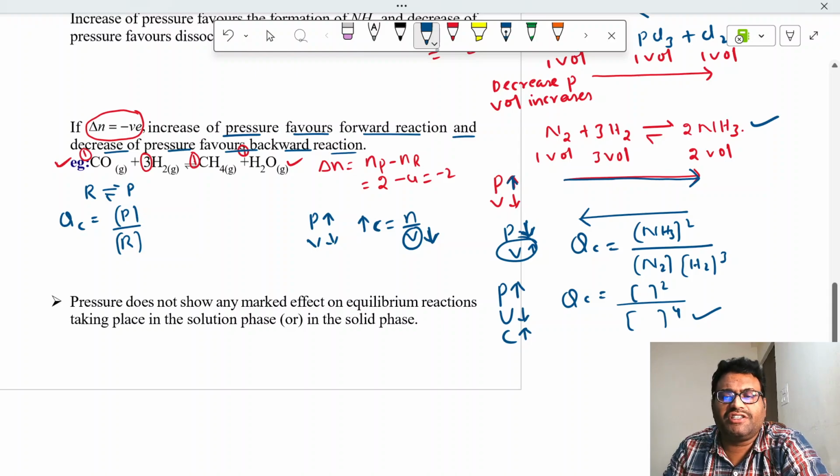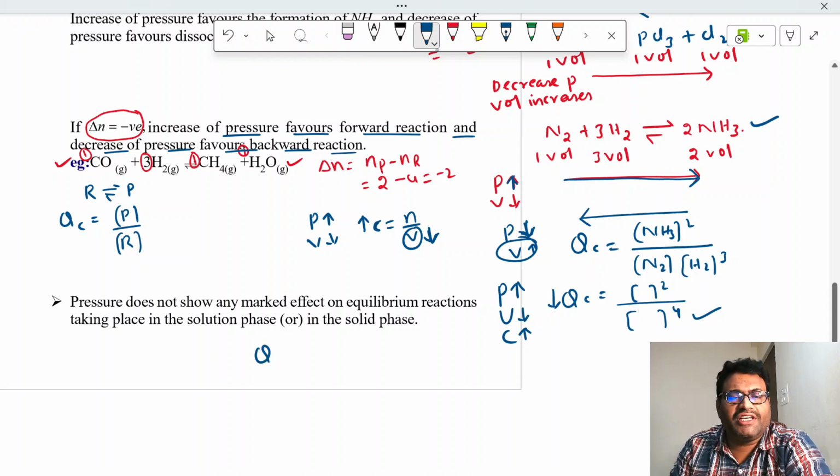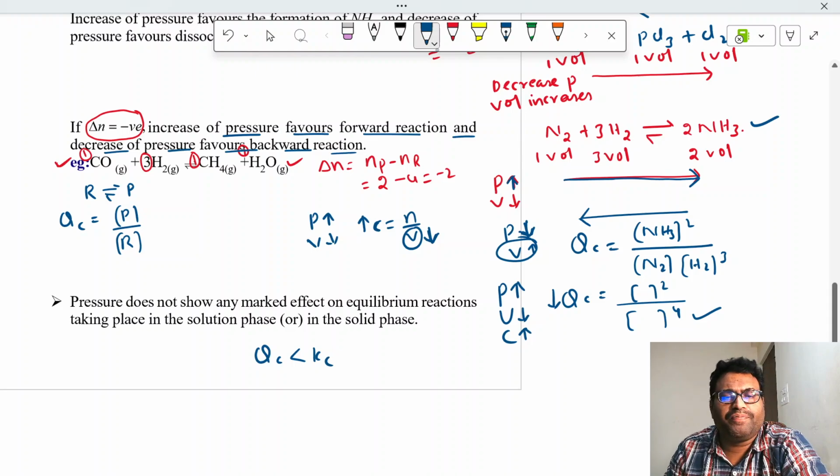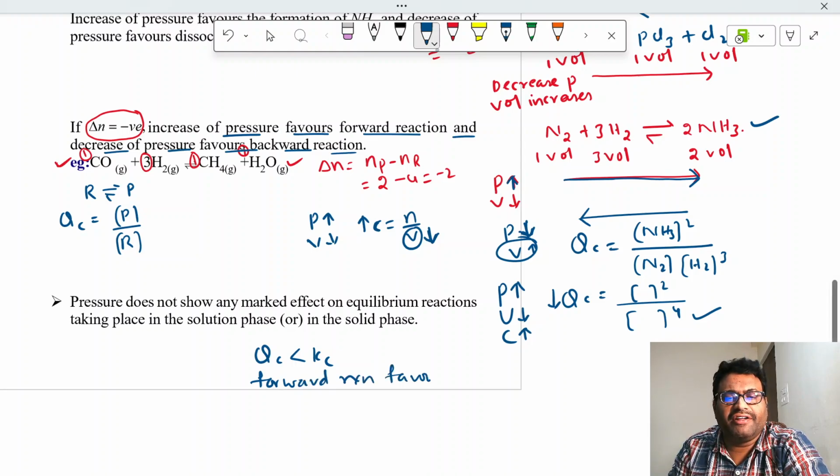If concentration increases, in the denominator concentration power 4 is there. So Qc decreases. If Qc is less than Kc, then we have studied that forward reaction is favored.